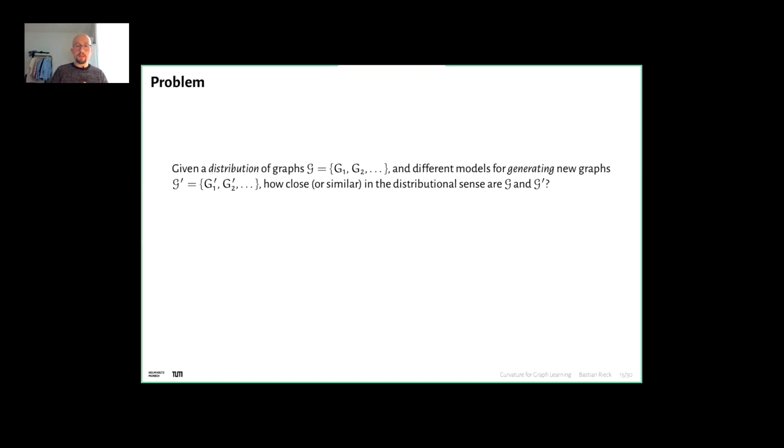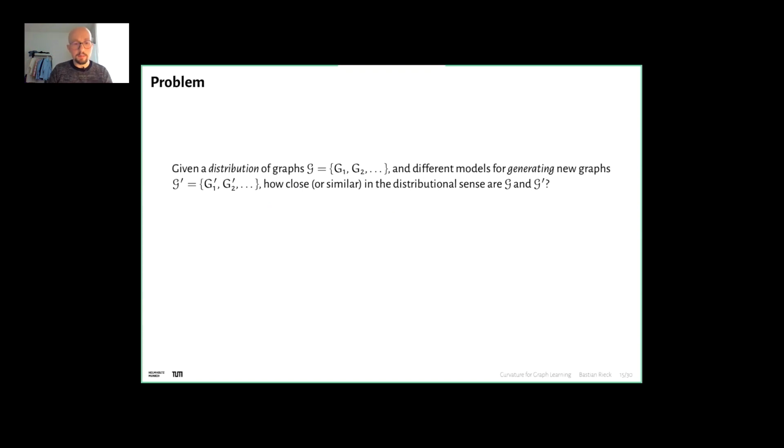Moreover, we also assume that we have different models for generating new graphs. So I can take these models and generate a new distribution, script G prime, that generates a sequence, maybe the same number of graphs, or maybe even more, or maybe less, of new graphs. And we then want to know how close or similar in the distributional sense these two distributions are.